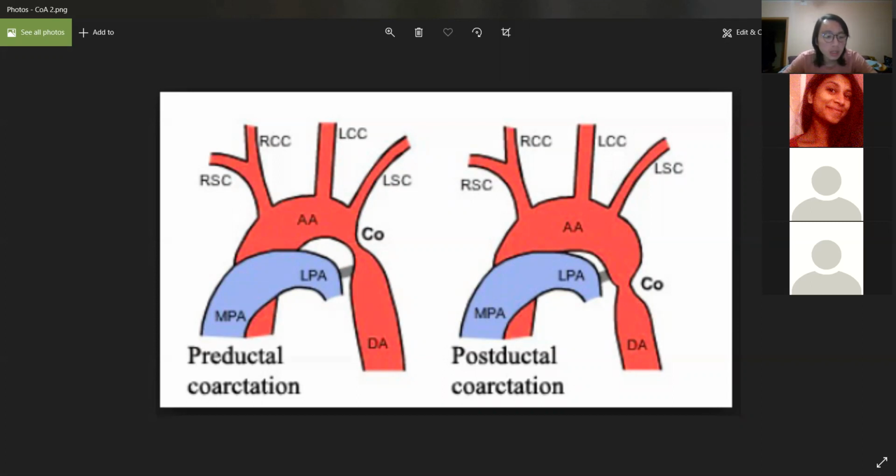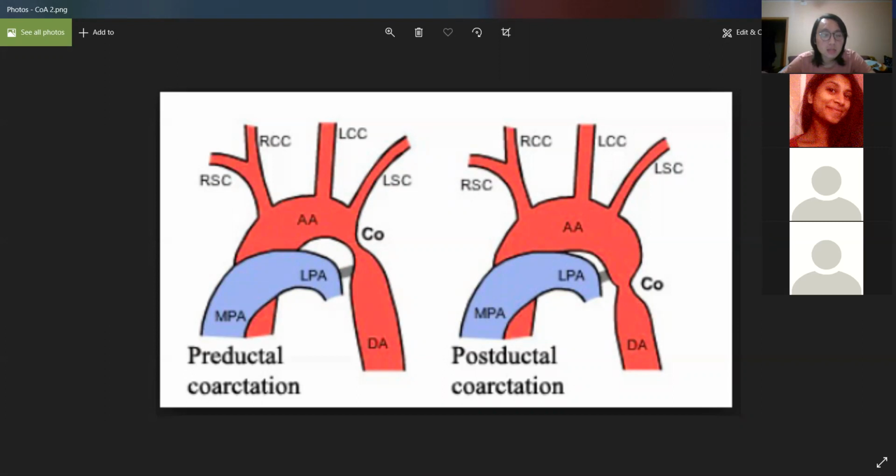The one in adults is called discrete juxtaductal coarctation, and the one that occurs mainly in children is called tubular hypoplasia. Other names for it are preductal coarctation or infantile type of coarctation.